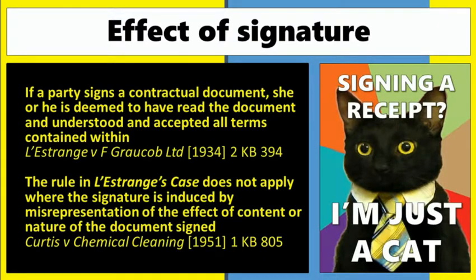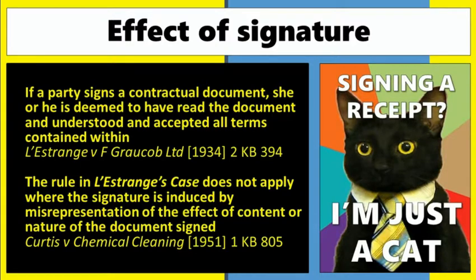This is a really harsh rule. In fact, if there's one thing that you take from any of the recordings about contract law, it is that when you sign a document, you are bound by it. It doesn't matter that you haven't read it. It doesn't matter that you don't fully understand it. It doesn't matter if there are terms in there that you don't like or don't want.